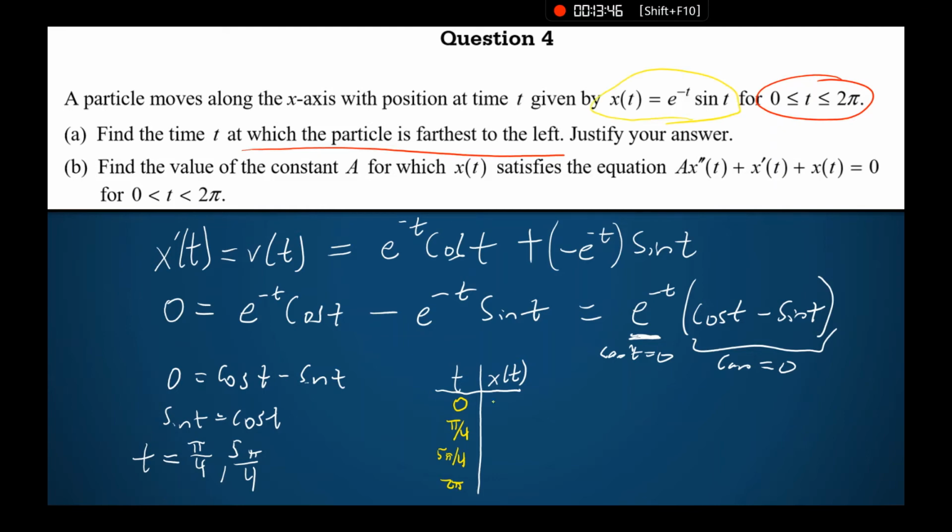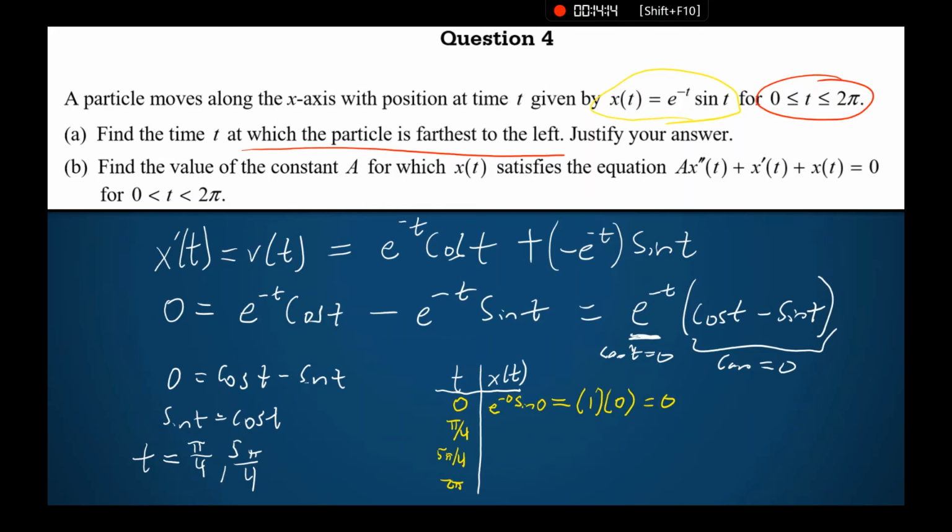So this is e to the negative 0 power times the sine at 0. What is e to the negative 0 power? 1. What is the sine of 0? 0. So this is 1 times 0 is 0.